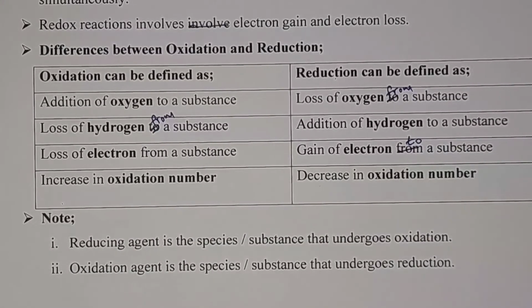If you know the substance that undergoes oxidation, you automatically know that is the reducing agent. The substance that undergoes reduction, the one that's been reduced, is the oxidizing agent. So oxidation goes with the reducing agent, reduction goes with the oxidizing agent.